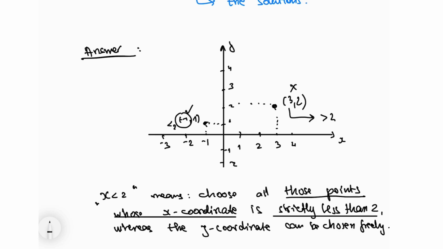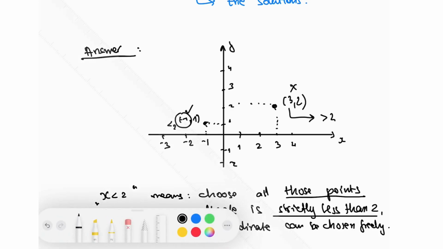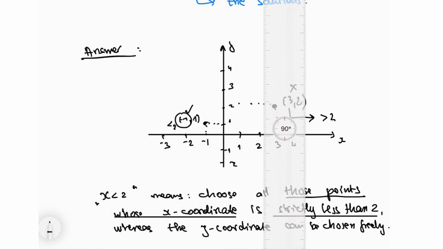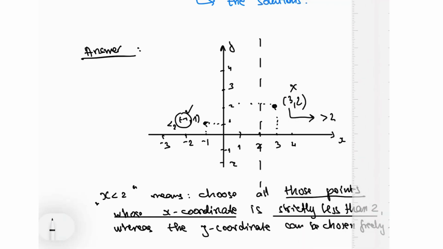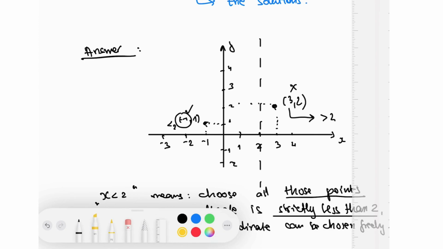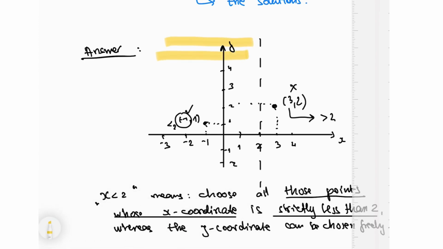So we will make a straight vertical line through 2, but dotted because it is strictly less than 2. And we are going to shade everything which is left of that straight dotted line.